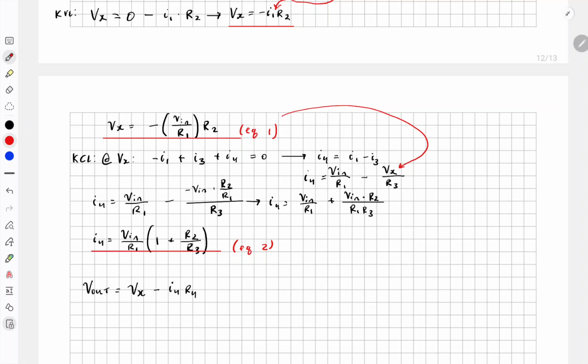And you can see now why I did these things. Equation 1 goes here and equation 2 goes here.